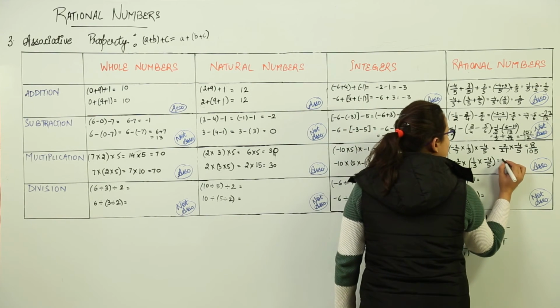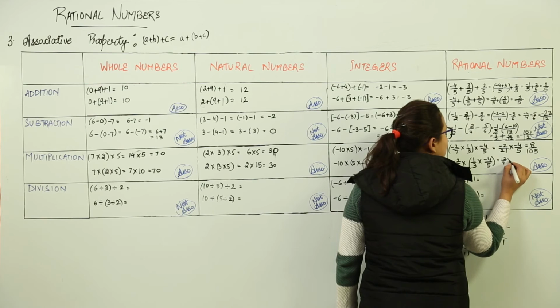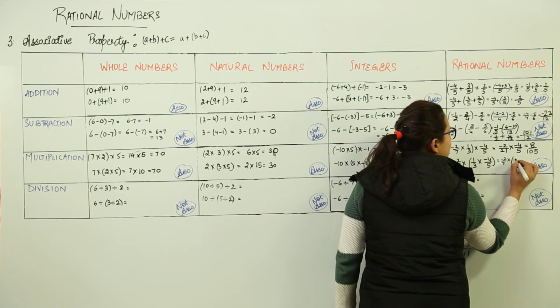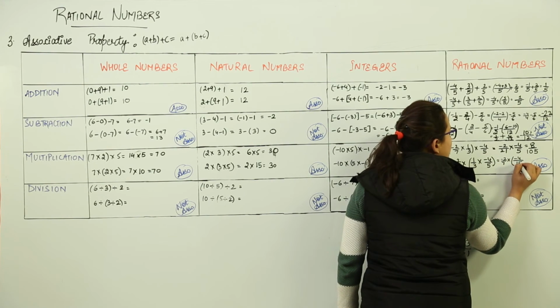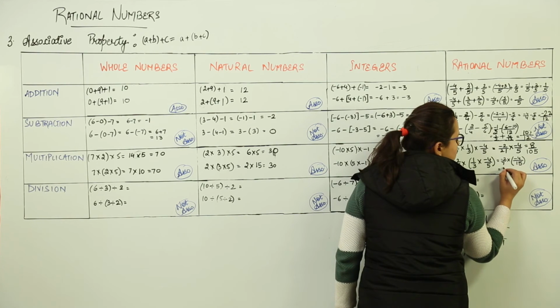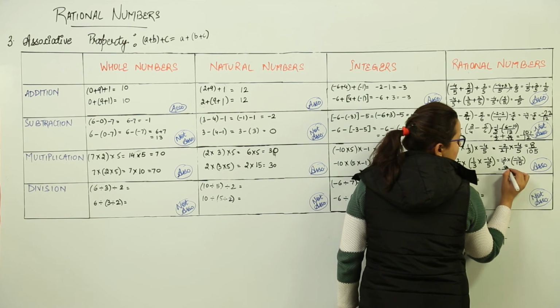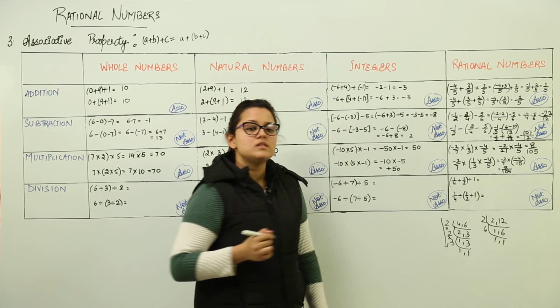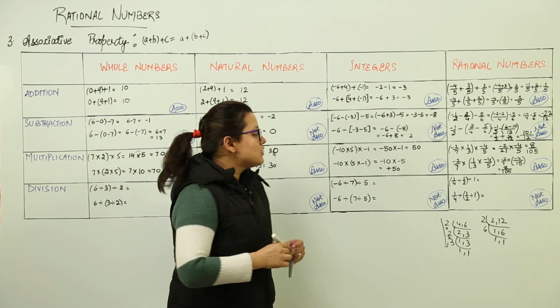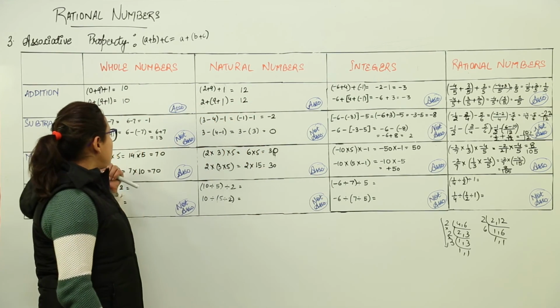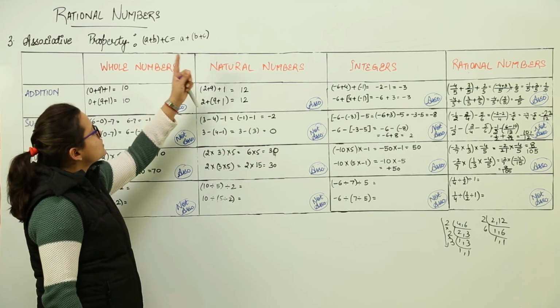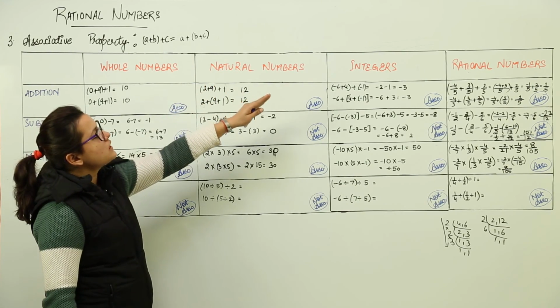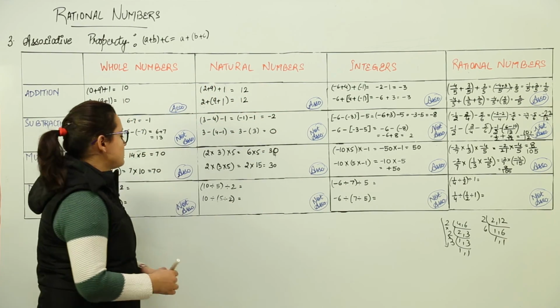Let's check for this one. Minus 2 by 7 into minus 4 over 15. What do you get? 8 upon 7 5s is 35, 3 7 1s is 7, 8 9 10. 8 upon 105. Got it? So this proves that multiplication is associative for the case of whole numbers, natural numbers, integers and rational numbers.